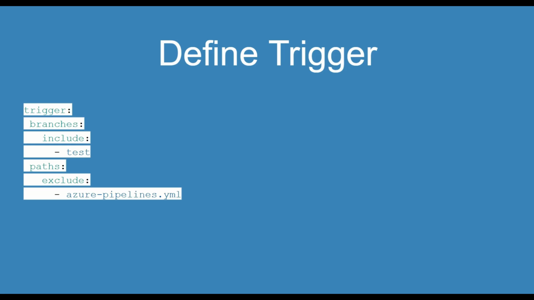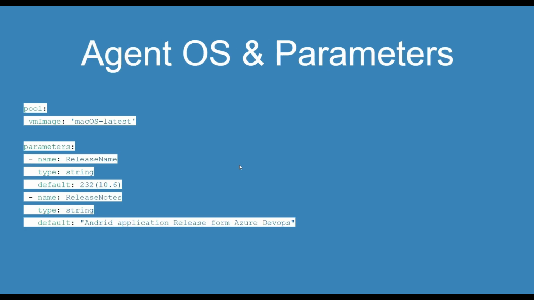So whenever some action is happening in the azure-pipeline.yaml file, no trigger will happen. So that's easy to define the trigger part. You can include much more, exclude much more, as per your project requirement.